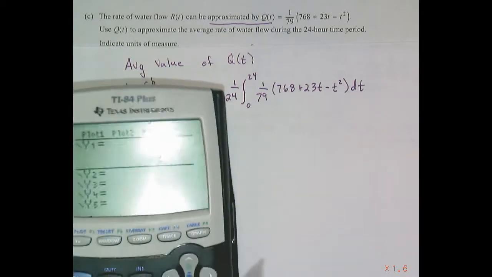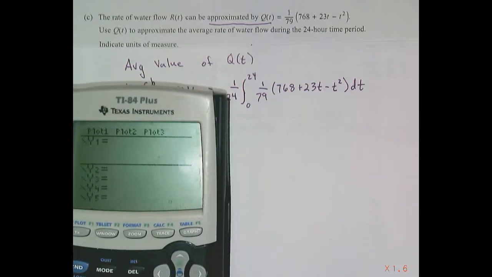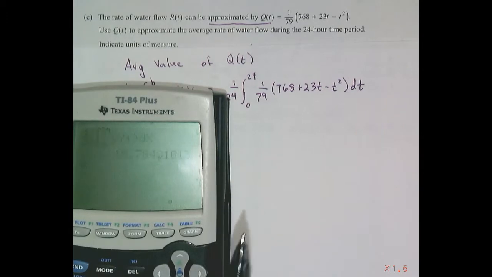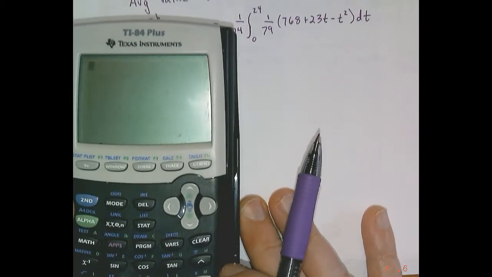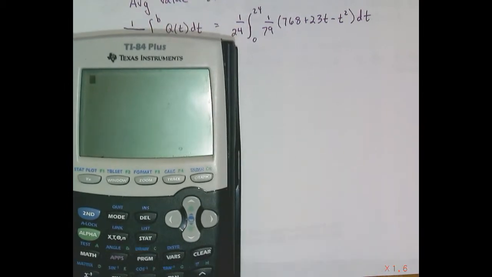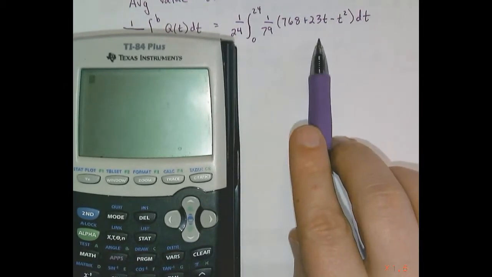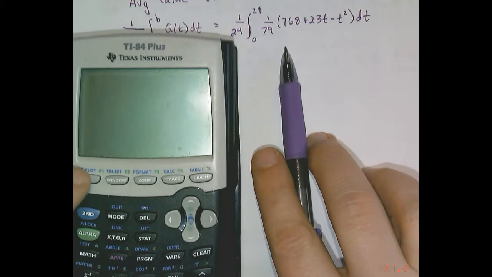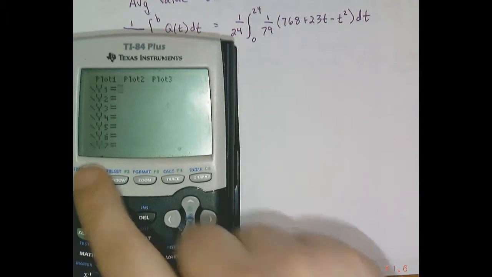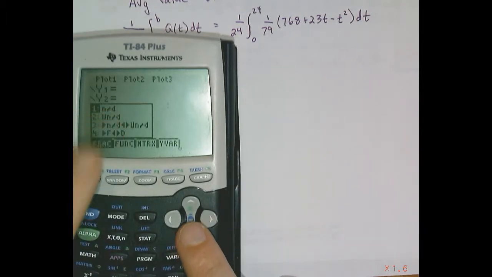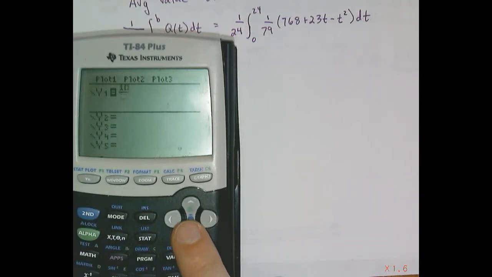So first off, on the calculator, oftentimes if we are going to be using a function multiple times, it's worth putting it into our y equals. So I'm going to press y equals, and alpha y equals pulls up the numerator over denominator feature.